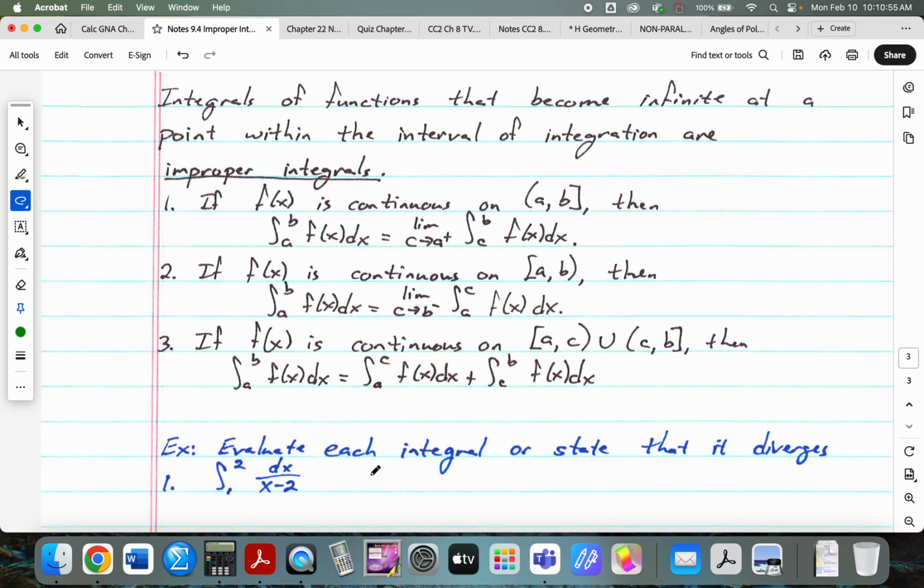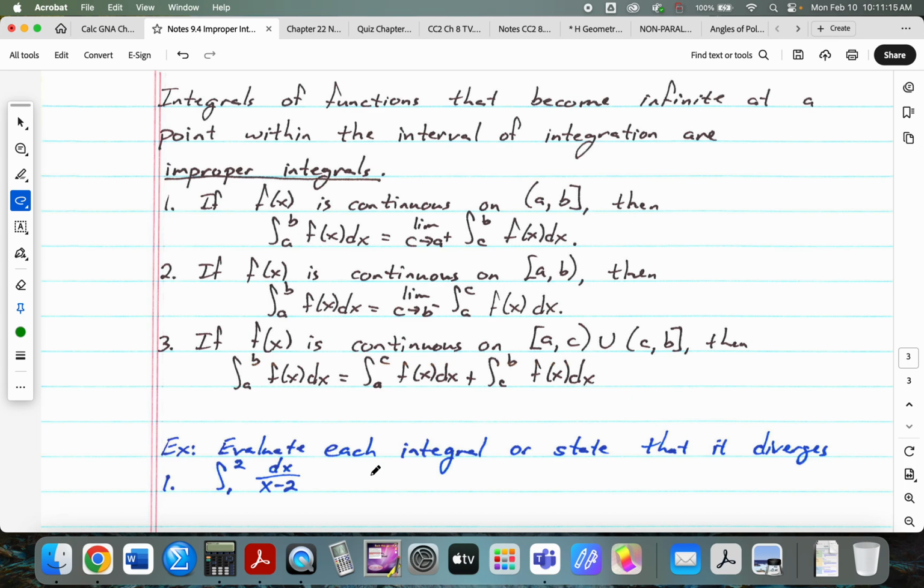So the other thing that can make your integral improper is if somewhere between the two limits of integration, your function goes to either positive infinity or negative infinity.